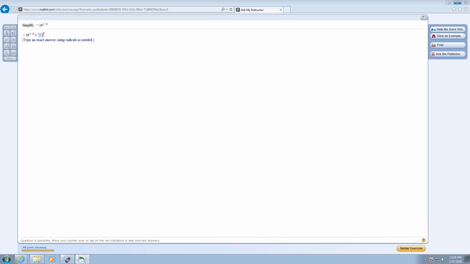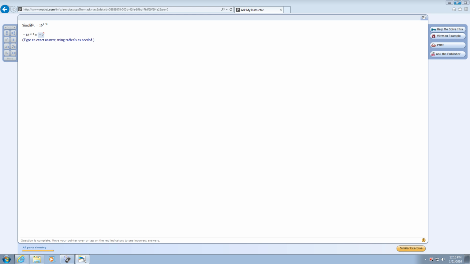And then go out here and put exponent over index. Exponent over index. Whenever you want to write an exponent as a radical or an exponential as a radical, that rule is what you need to remember.